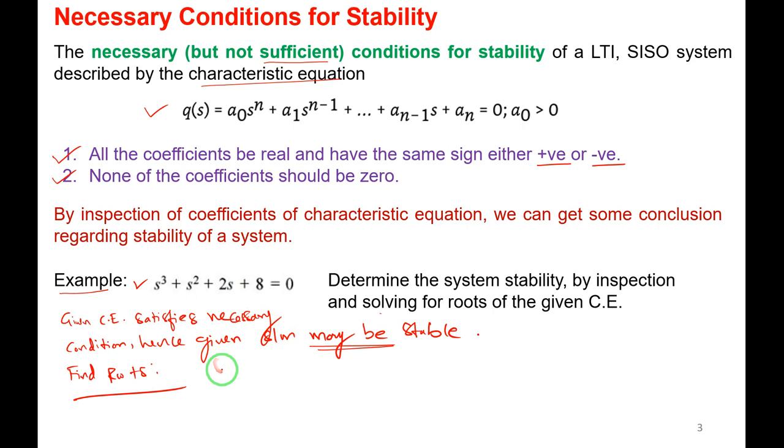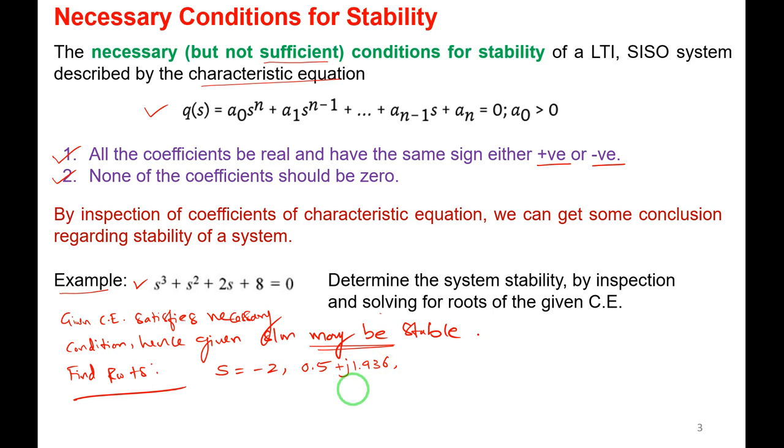So I will write the roots that I am getting. The roots are: s is equal to minus 2 is one of the roots. The next, 0.5 imaginary, I am getting, let me check it, plus j of 1.936. This is another root.